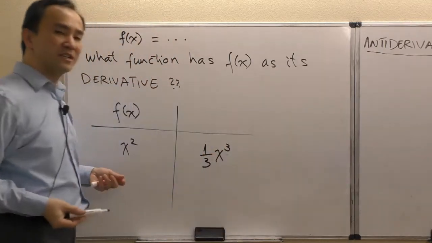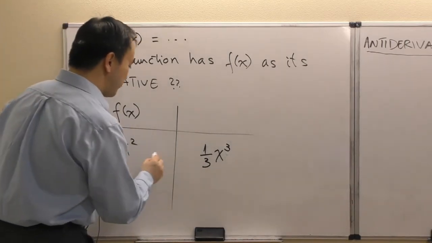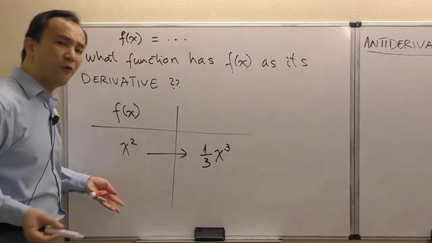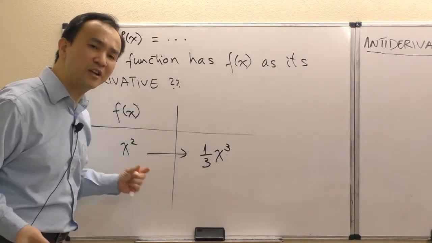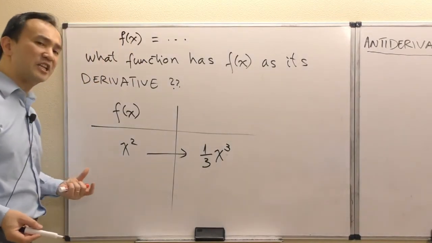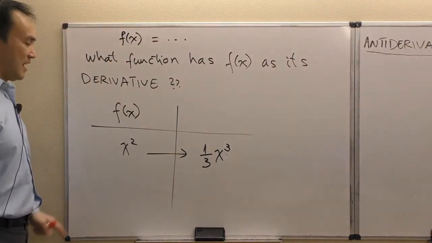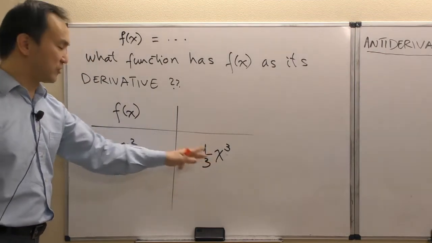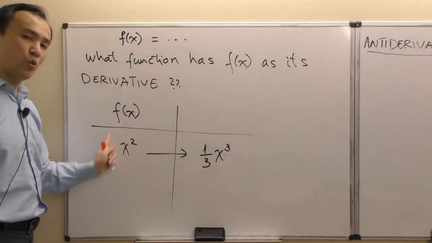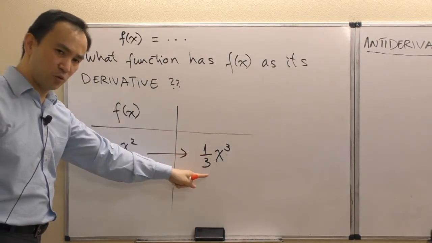I used an arrow just because we didn't formally have any symbol for this kind of work, so I just have to use an arrow for now. So we found that function having x squared as its derivative, and this was the one.